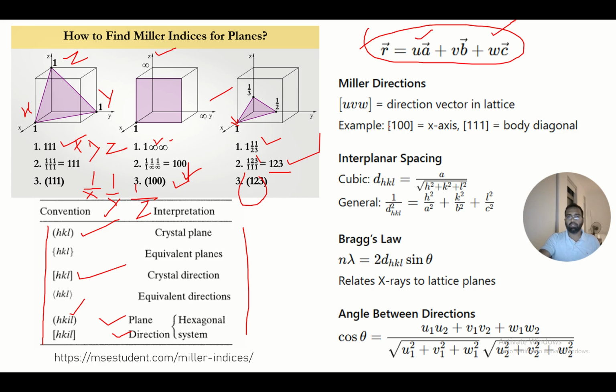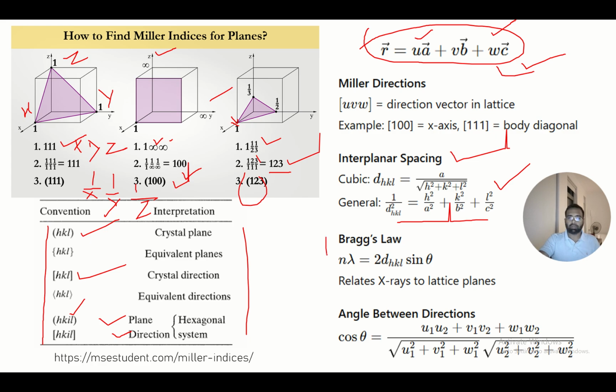You can think about how you can calculate the interplanar distance. For the cubic one, you can directly calculate using this. You can use this vector. And for the general case, let's say you have triclinic, then you can use this one. This is calculated with the help of the vector.